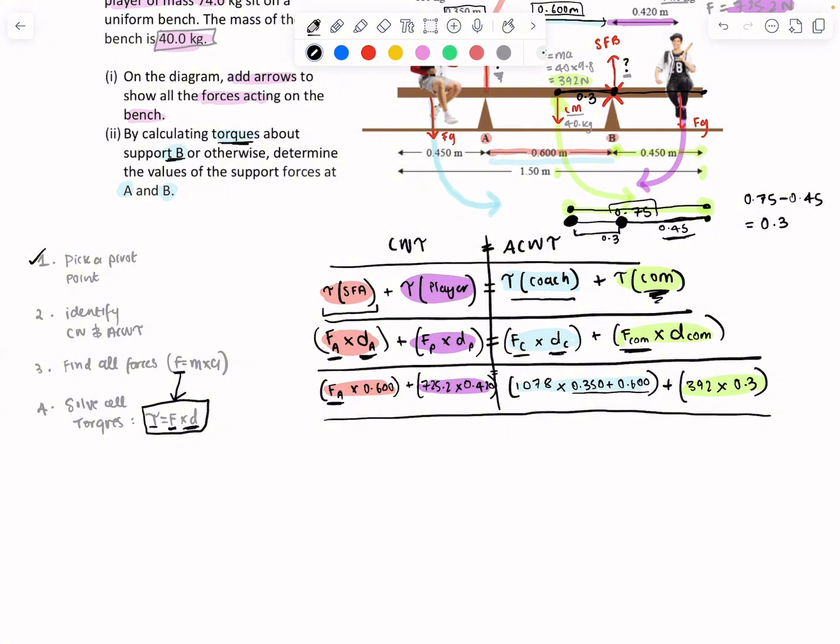So I'm going to rewrite this whole thing and simplify as I go. So we've got FA, we don't know what it is, so we leave it as FA, times 0.600, plus all of this, the torque of our player. So simplifying that in your calculator, what you should get is 304.584. So that is the torque value for the player.